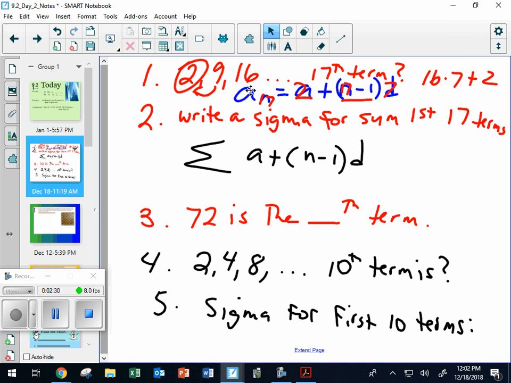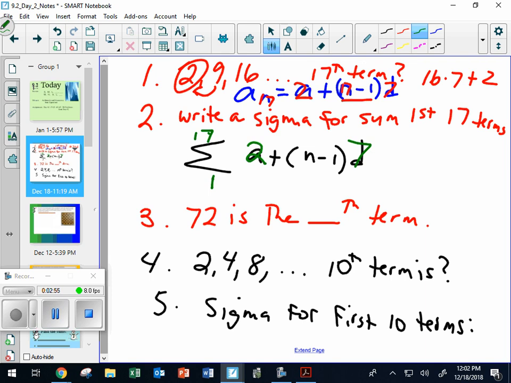My amount that I start with is 2. And my n, I need an n because these numbers that go here and here will go in the n spot. And the d is the difference, which we figured out was 7. So that's the right answer. If I go from 1 to 17 terms, 1 to 17. Raise your hand if you had that one right.